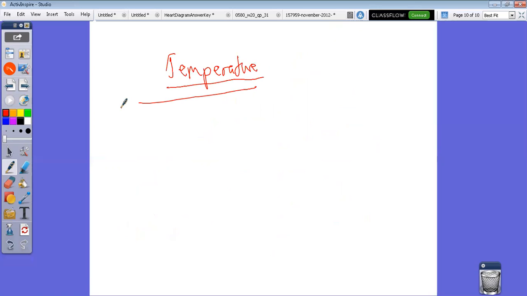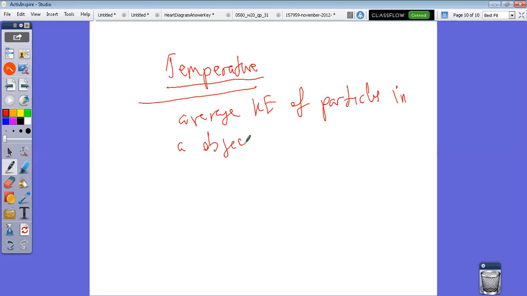Temperature is the measurement of the average kinetic energy of particles in an object. This is what we call temperature. Making sense?